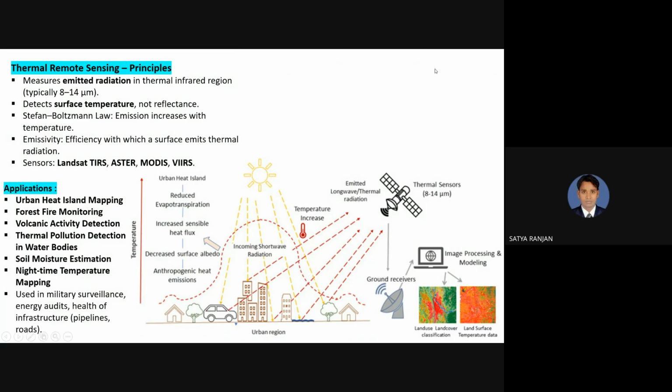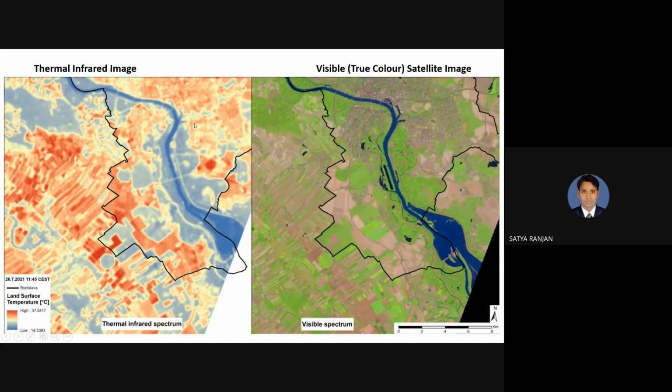Generally, this is the image of a thermal sensor between 8 to 14 micrometer. These are the incoming radiations from the different features, and they are recorded. So this is the image of the same area from different sensors. The left side is the thermal infrared image, and the right side is the visible true color satellite image of the same area.